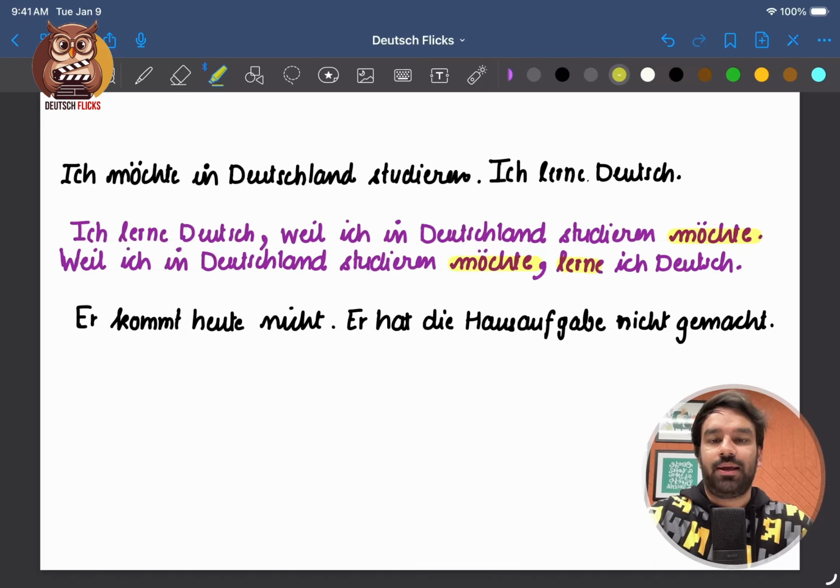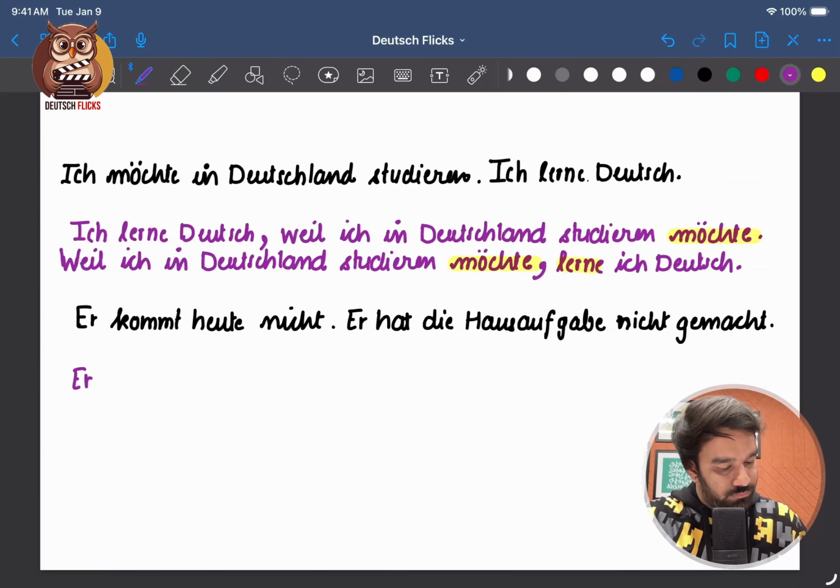Now Nummer 2. Kommt heute nicht. He will not come today. Hat die Hausaufgaben nicht gemacht. He has not done the homework. So the reason or the cause, the Nebensatz, will be hat die Hausaufgaben nicht gemacht.